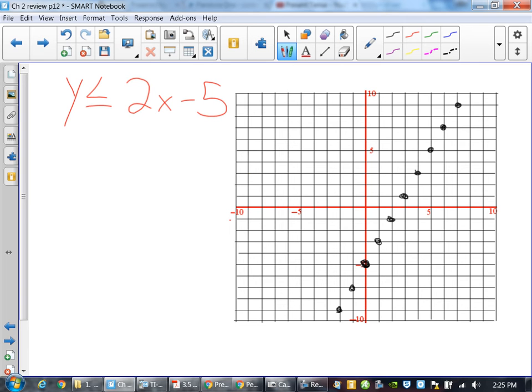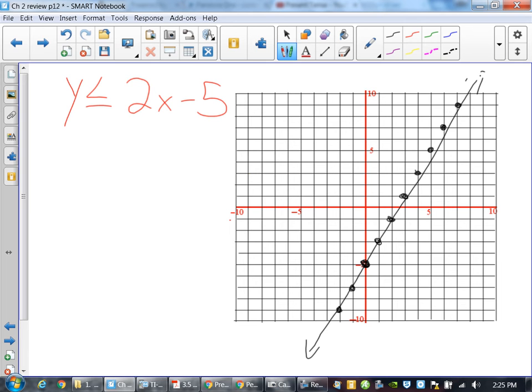Is this one going to be a solid or a dotted line? Remember that? What is it going to be? And why is it solid? Because of the equal. If this was just a dotted line, I could almost get away with the way it looks like right now, don't I? And that's the nice thing about graphing them like this. So we just connect the dots.